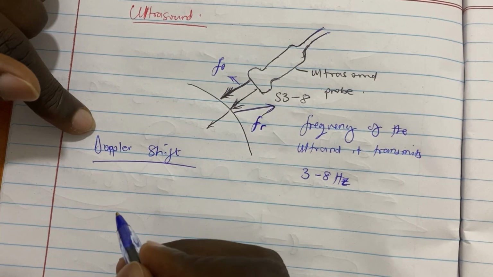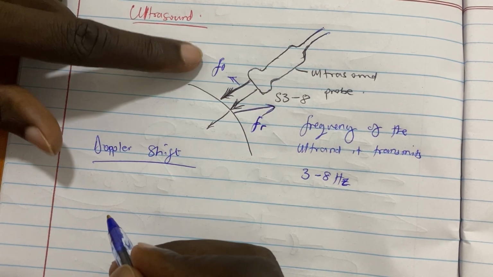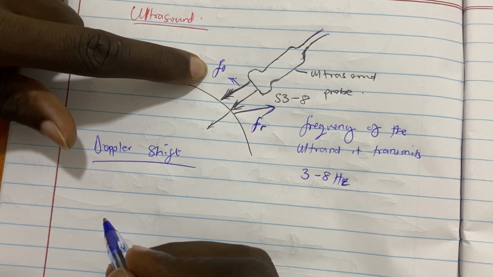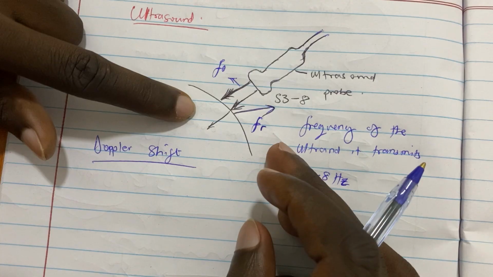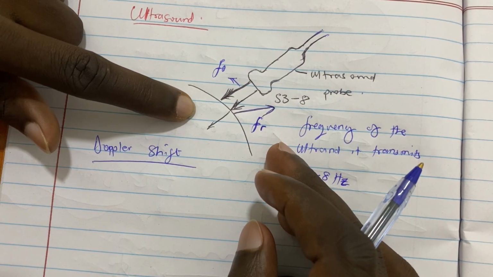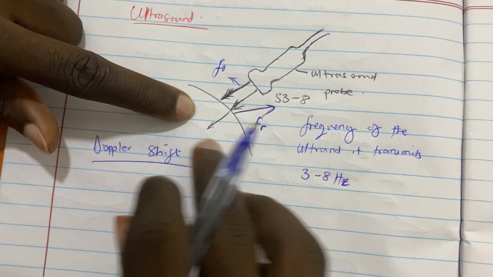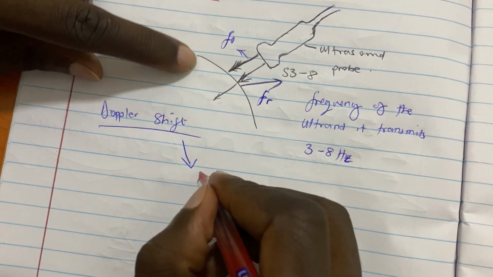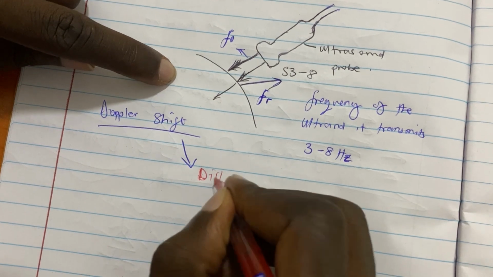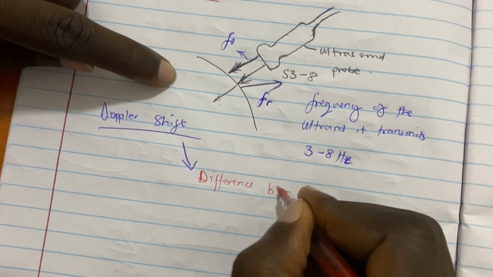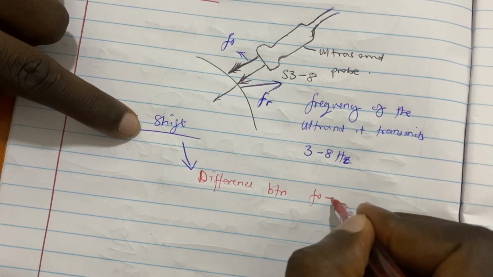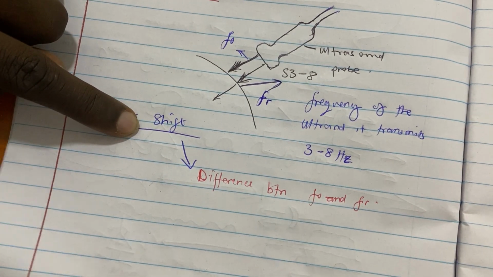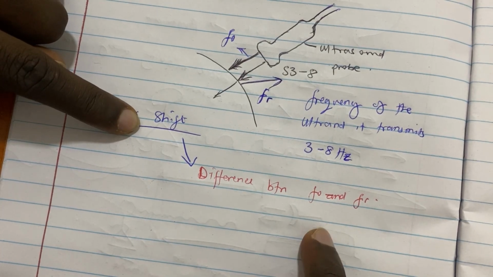The Doppler shift is the difference between the frequency of the transmitted ultrasound and the frequency of the reflected ultrasound. So we are getting the difference between F naught and FR. That's what we are looking for in Doppler shift.